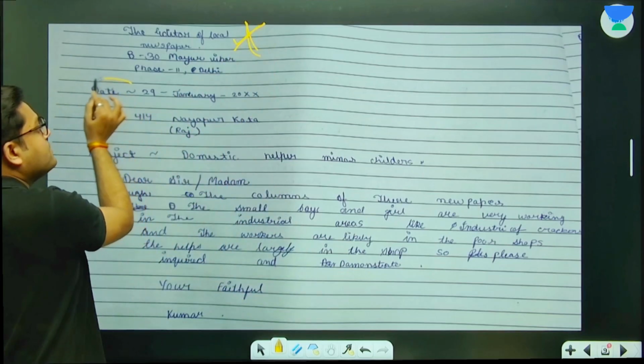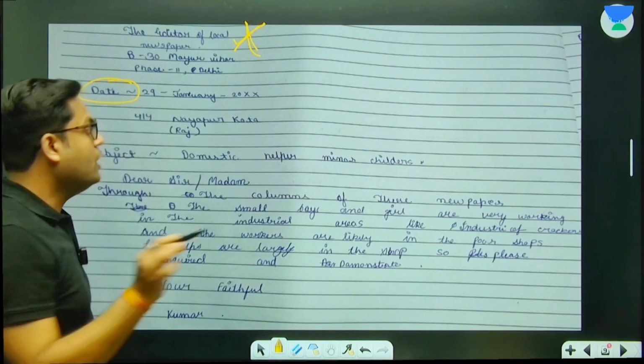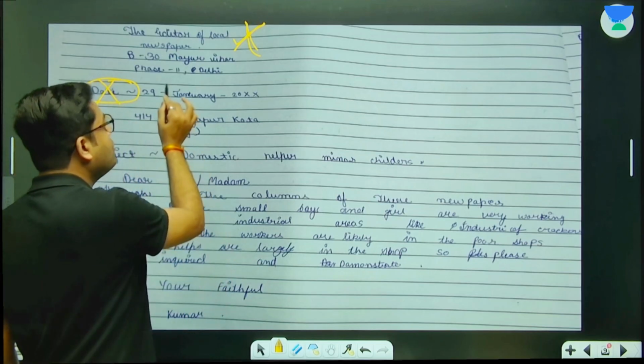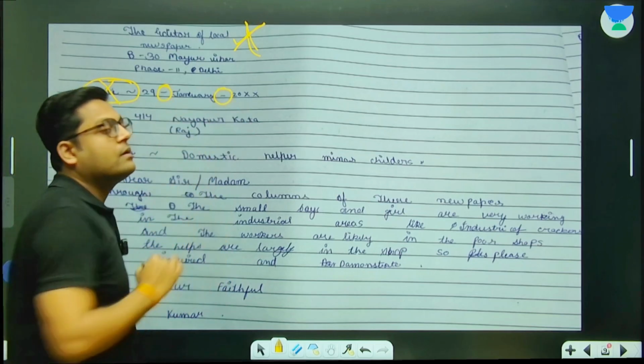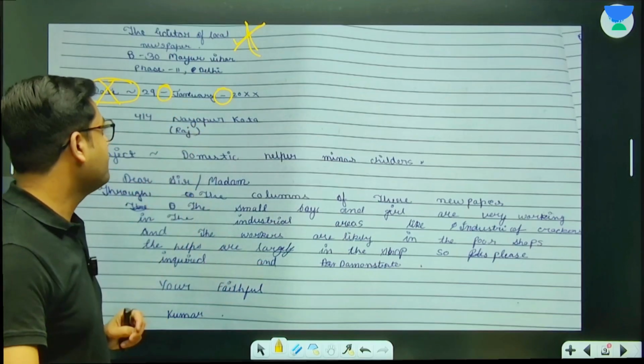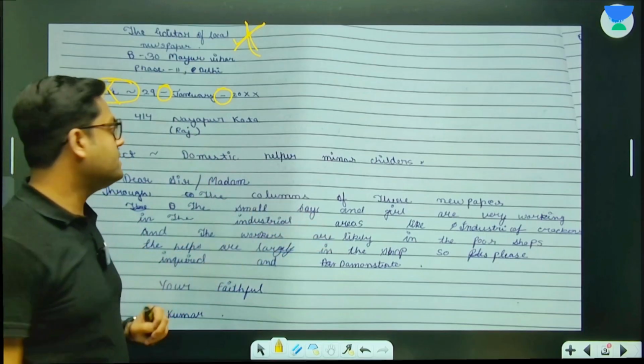Now, as you can see, the formatting of the date is totally wrong. First of all, we do not write the word date here, as well as we do not place dashes or hyphens in between the month and the year. So this is totally wrong. What should be the right thing? We'll discuss later.